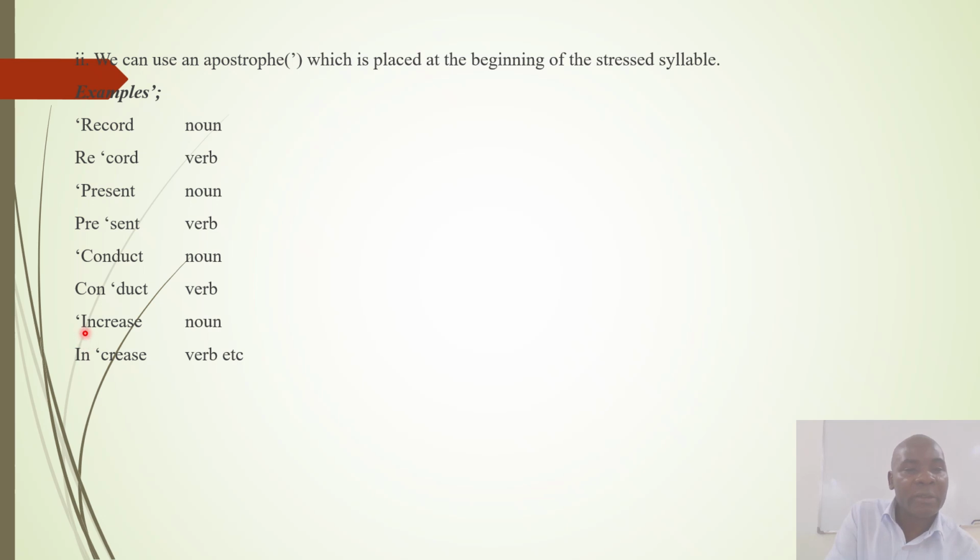Then I comes out as the first syllable, so therefore our apostrophe is placed on top of the I. Then C begins the second syllable, so the apostrophe is placed on top of that letter C in the second syllable.